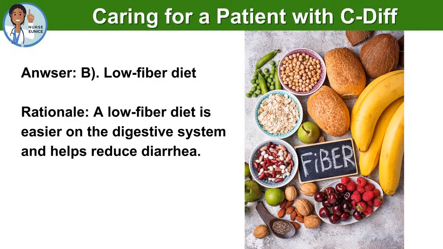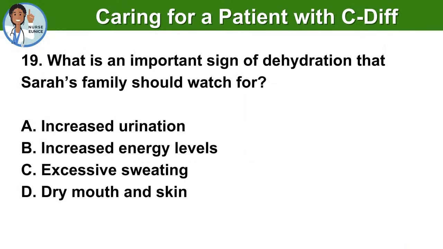The best thing for her to do right now until she's better is to avoid things that are high in fiber, such as grains and bananas and breads that are not overly processed. So she can have other items, just not fiber in the immediate days after her C. diff infection. Next question, number 19.